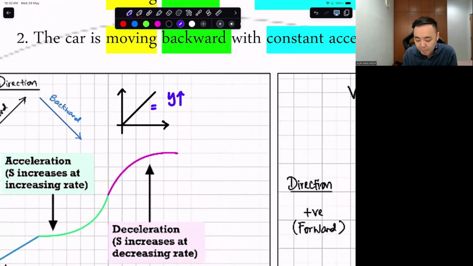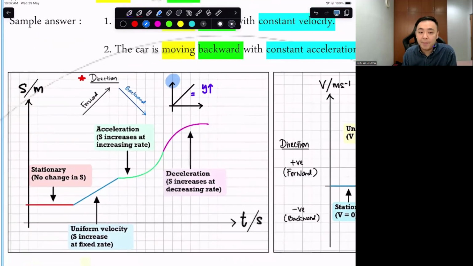Then only you look at what is written on the y-axis. For example, here, it's a displacement graph, right? So if I get a displacement graph and the graph goes up, that equals the y-axis increasing.